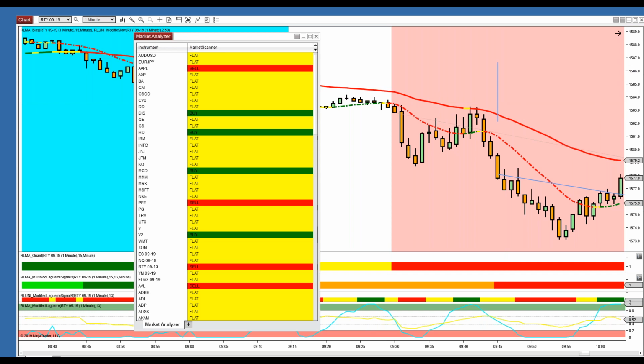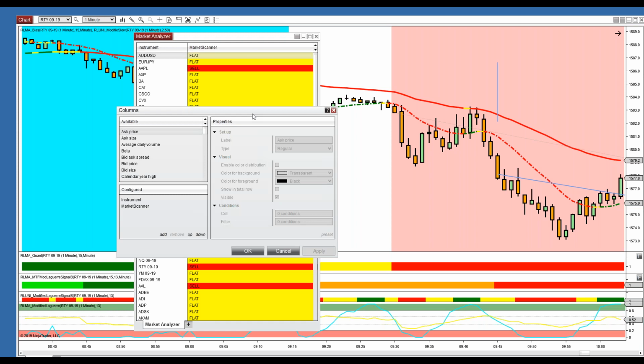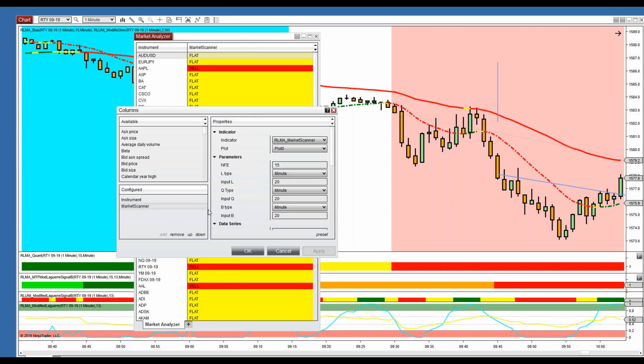Like I said, Kishav, it'll work on any time frame. Right now, it's analyzing a 20-minute. If you want to, when you go to Market Scanner, you can have it trade a 60-minute.